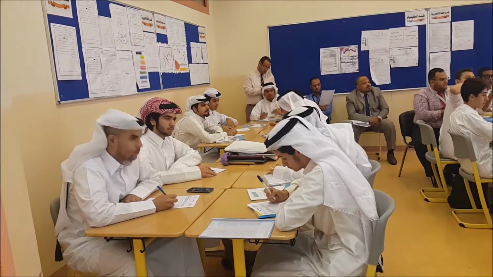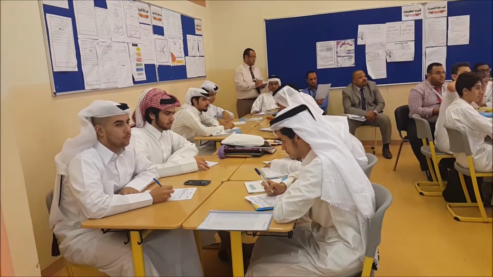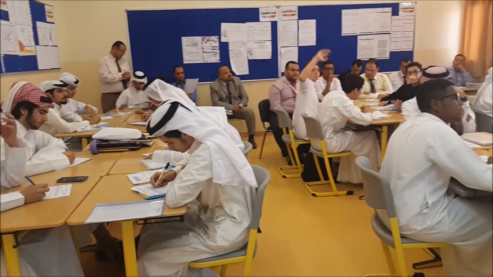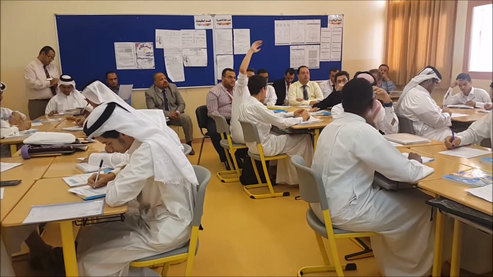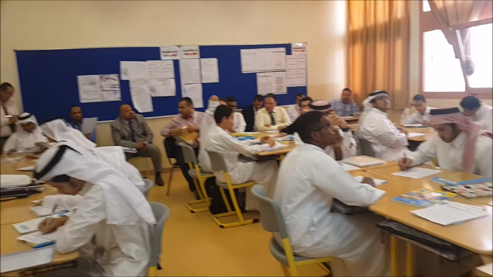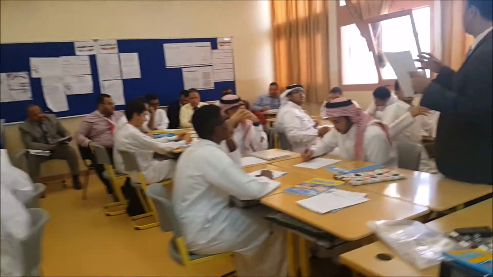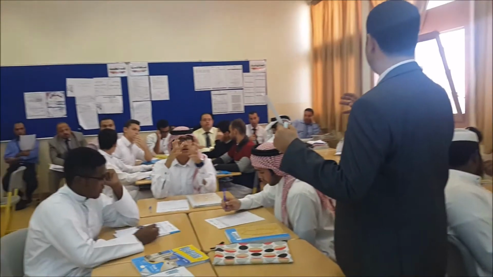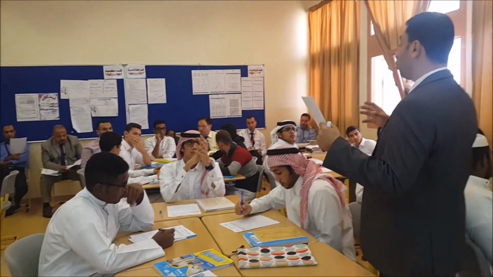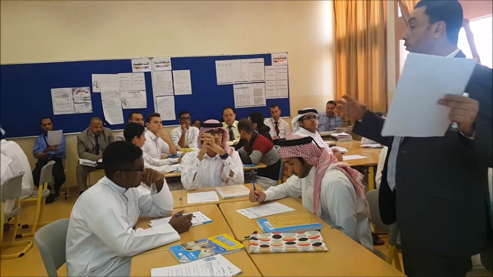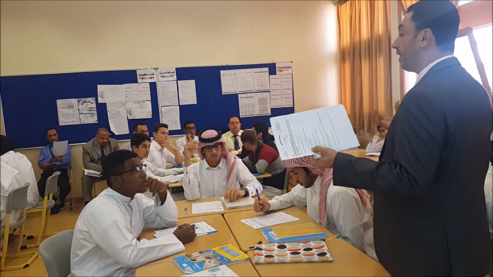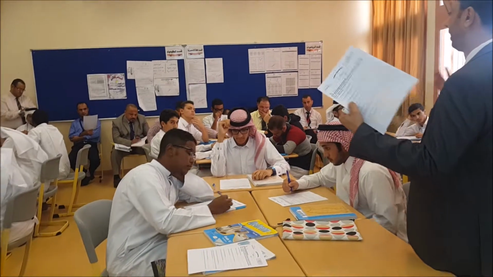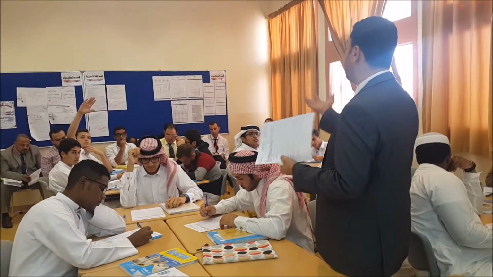Conflict. What is conflict? So this is a conflict. It could be between who? Between the hero of the story and himself, between the hero and society, between the hero and another person.